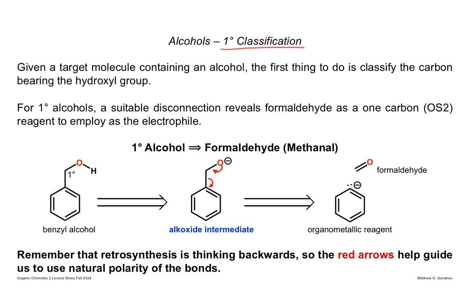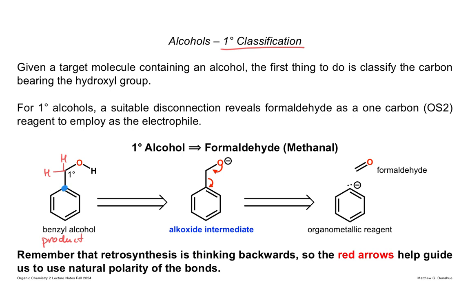In this exercise, we're given the product. So we're given benzyl alcohol as the product. That carbon has 2 hydrogens, and then that other carbon, that's what makes it primary.